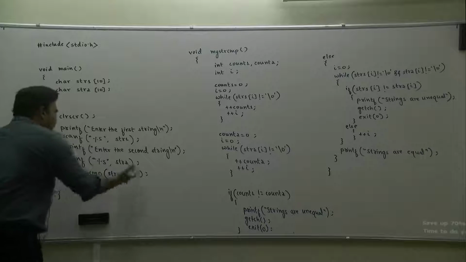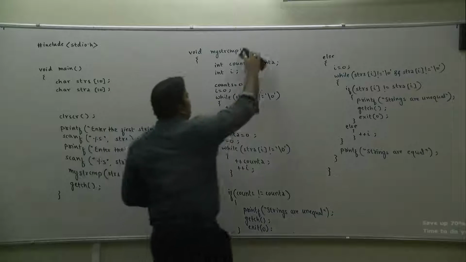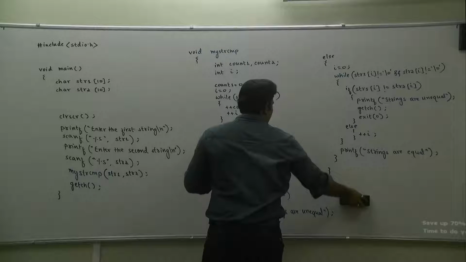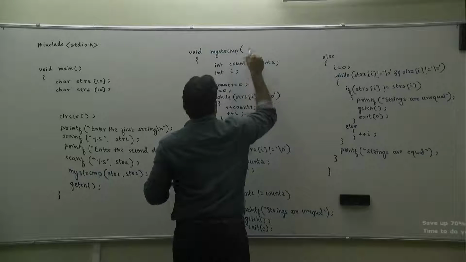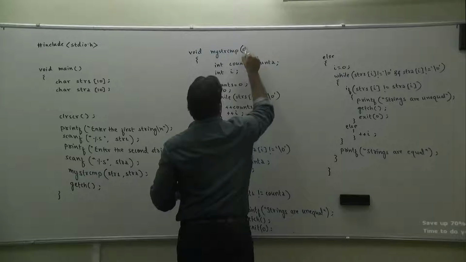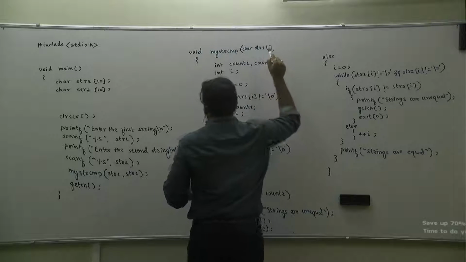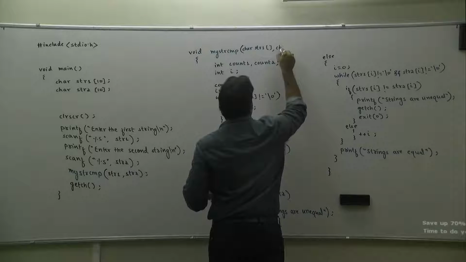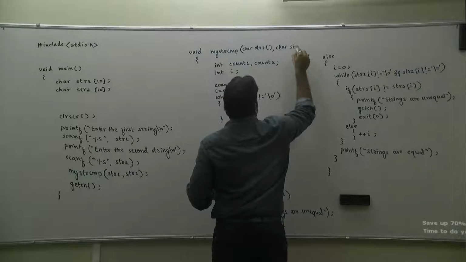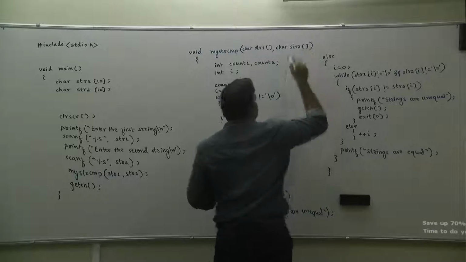And obviously, if the two things are passed as parameters, then here you should be collecting them. I will collect the first as char str1 array. Similarly, the second also as char str2 array. Like this I would be collecting them.